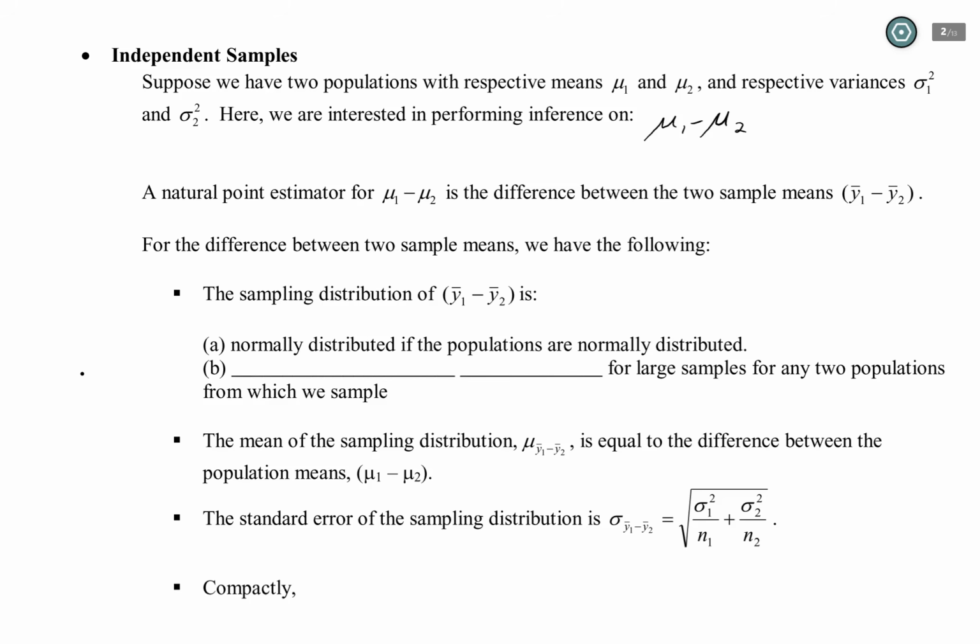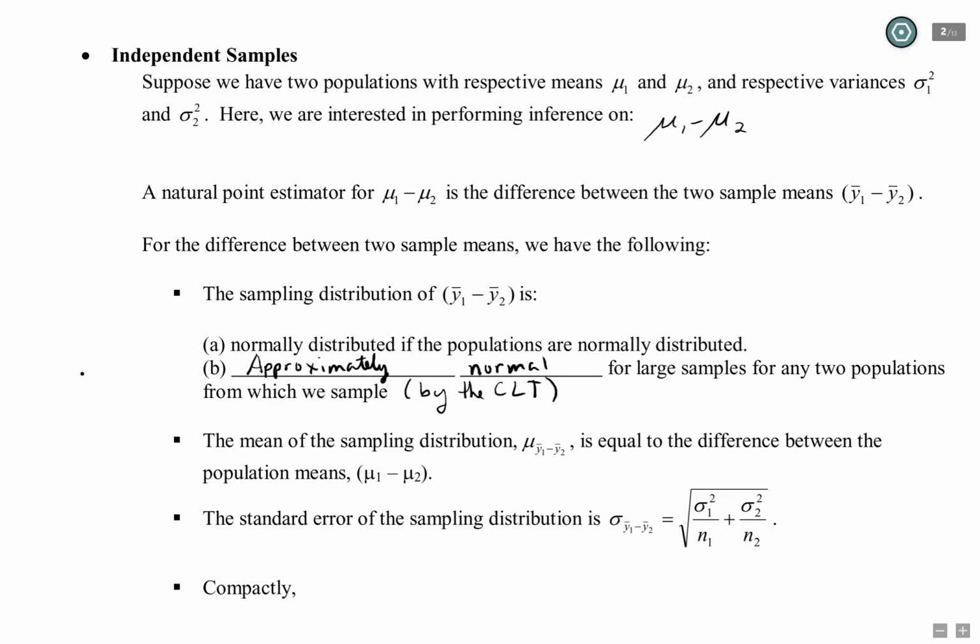Okay, so a little bit about the difference of the two sample means. First, the sampling distribution of y1 bar minus y2 bar is, well, A, it's normal if the populations are normally distributed. That is, if the two populations I'm sampling from are normally distributed. B, it's approximately normal for large samples for any two populations from which we sample, and this is really a result of the central limit theorem.